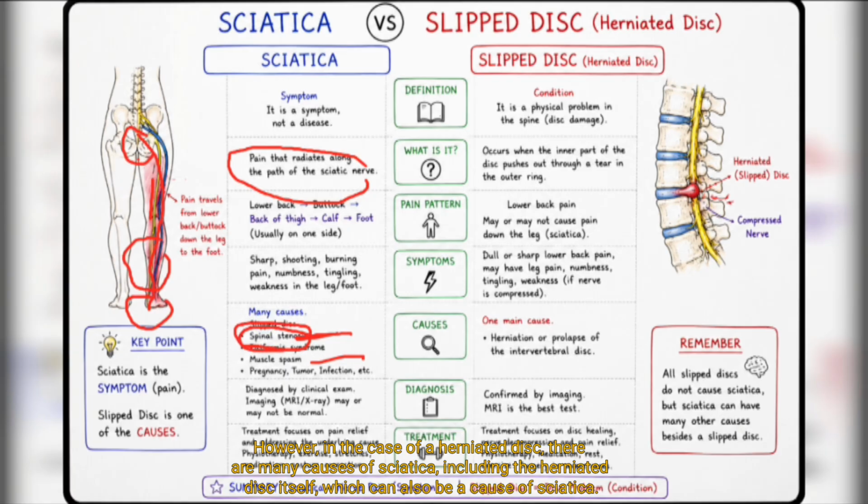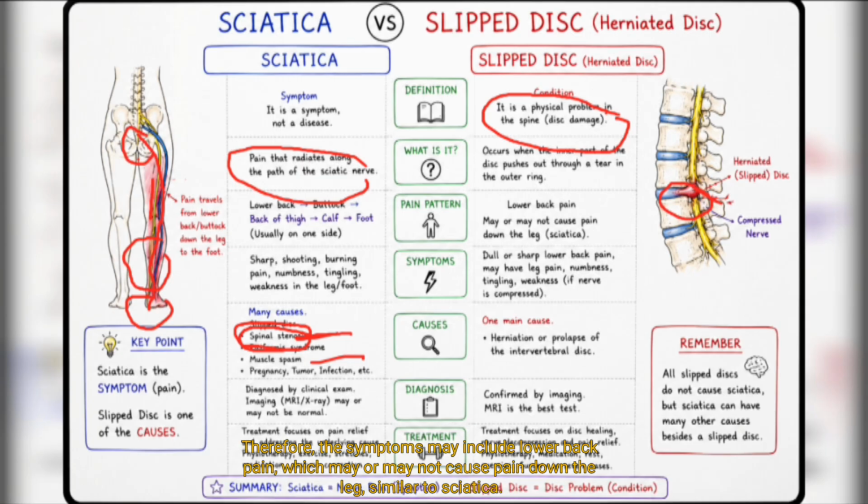A slip disc is also a cause of sciatica. A herniated disc is a physical problem in the spine. Physical problem meaning there is degeneration or wear and tear of a disc, that is disc damage, and it occurs when the inner part of the disc pushes out through a tear in the outer wall and puts pressure on a nerve.